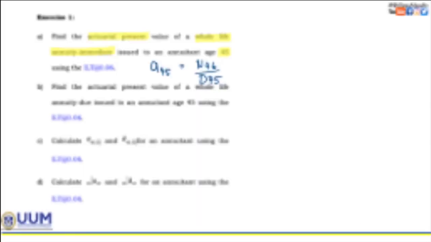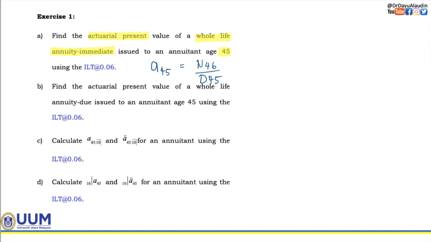All right, we try number 1. Number 1 is whole life annuity immediate, equal to N_46 over D_45, because annuity immediate is N_{x+1} over D_x.